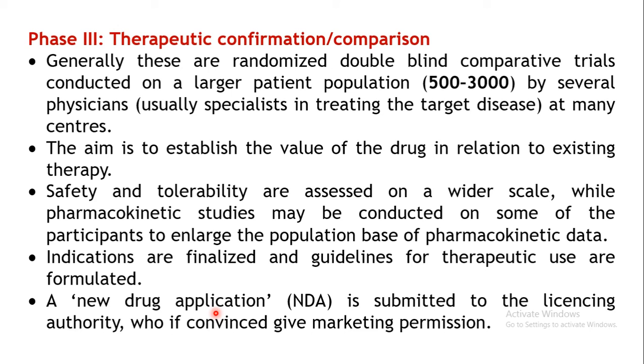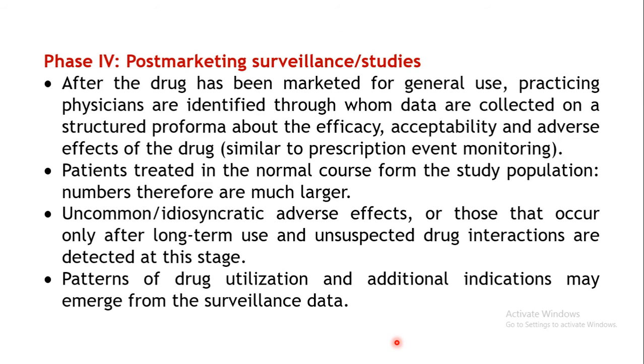If they are convinced by your data, that it is better, then they can give you permission for marketing of that particular drug. Then the drug is released in the market in a controlled manner. That is known as phase 4, post marketing surveillance or study.